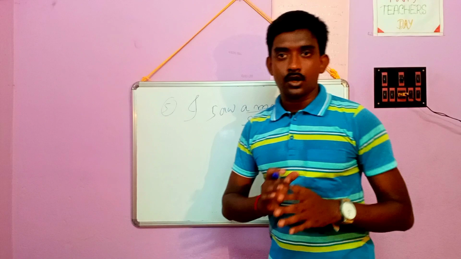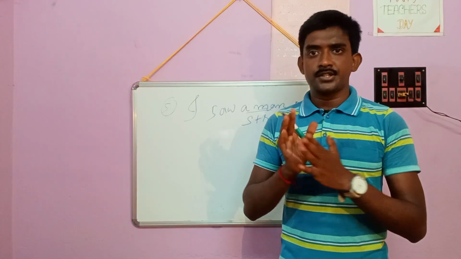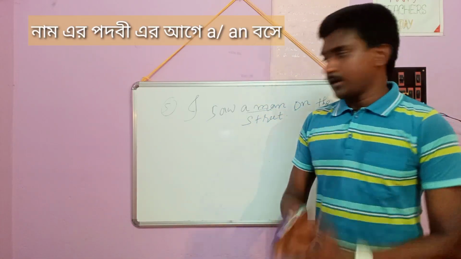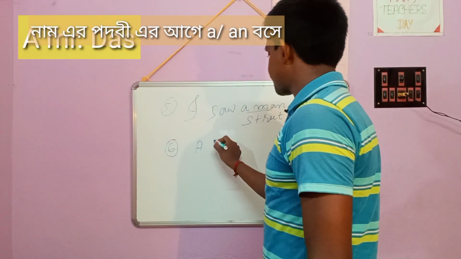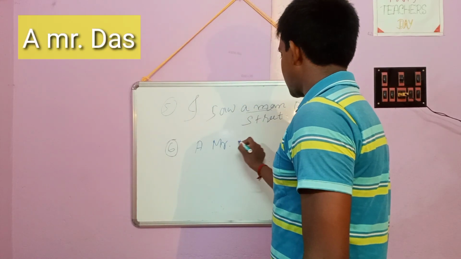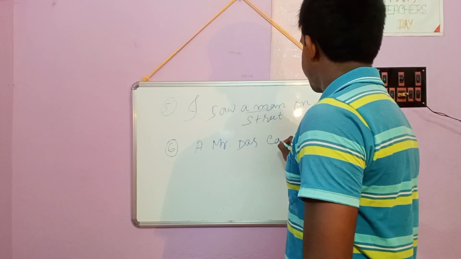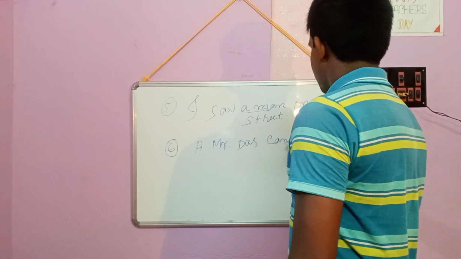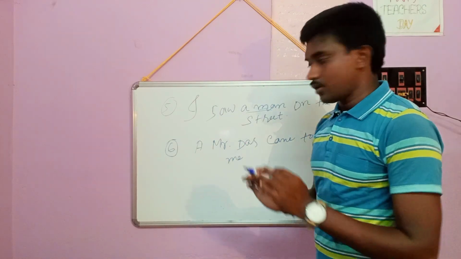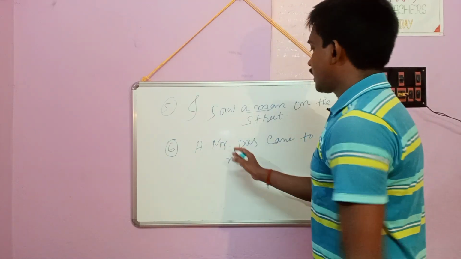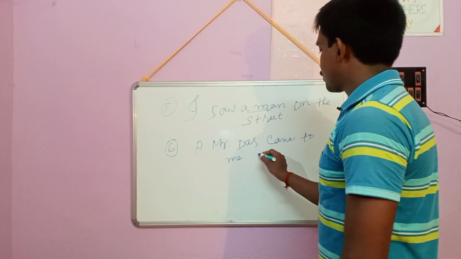Sometimes when we are speaking of a person by his name or surname, we can use a. Like, a Mr. Das came to meet you. Here we don't know the identity of Mr. Das, so we can say a Mr. Das came to meet you.